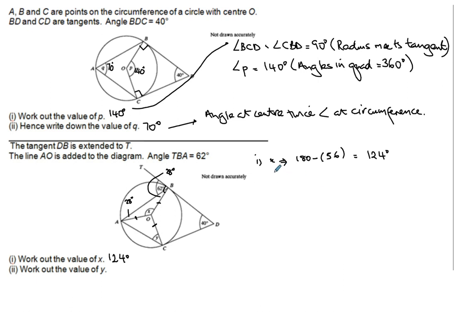So again, you've got to do explanations. So you go angle TBO equals 90 degrees. And then again, I'm going to take real shortcuts, so you can see radius meets tangent.